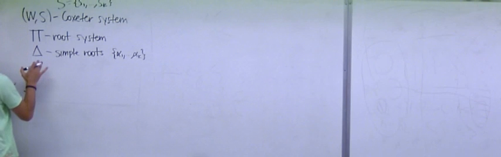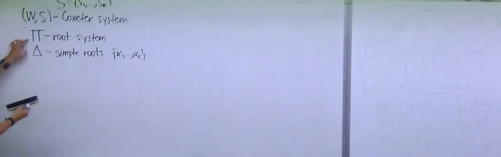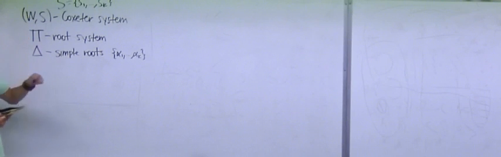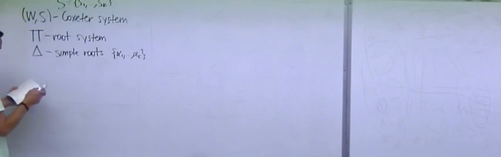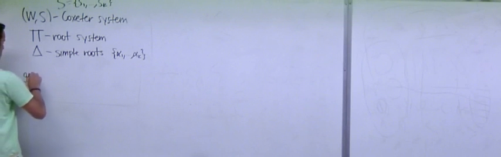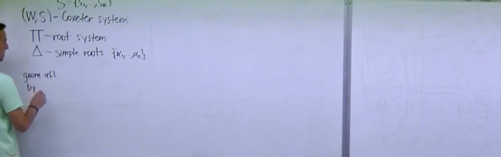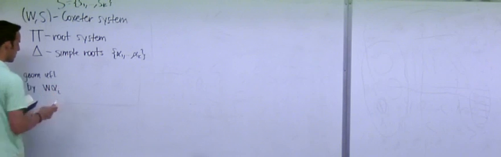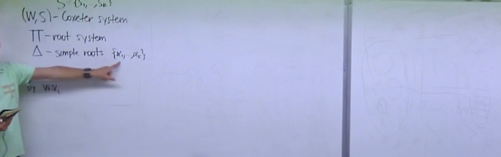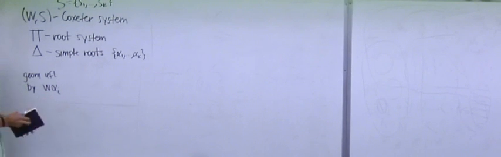What else? We talked about how each one of the roots in the root system corresponded to a reflection in the group. This is what we talked about last time, where the geometric reflection by W alpha I, where alpha I is one of these simple roots and W is some group element that acts on it, so this is just some root.